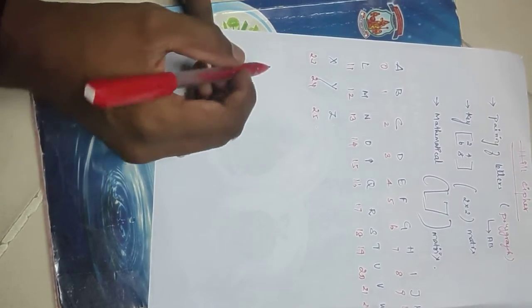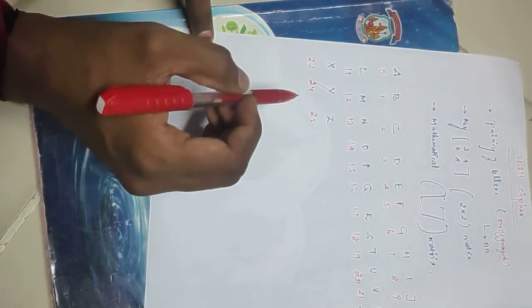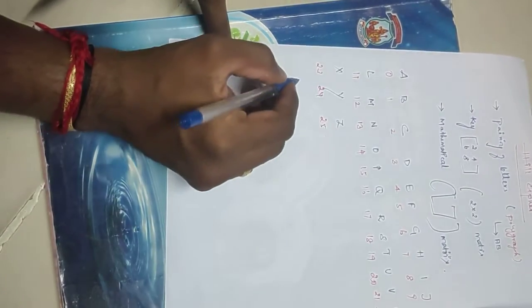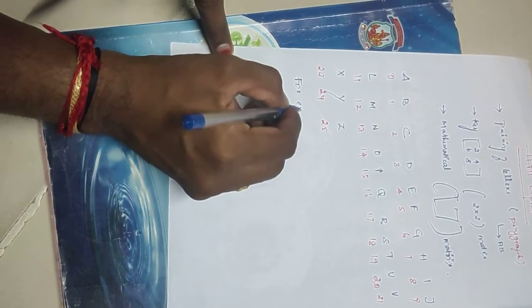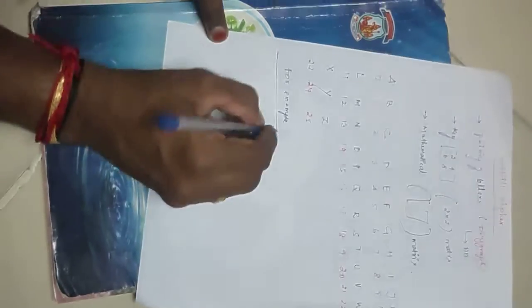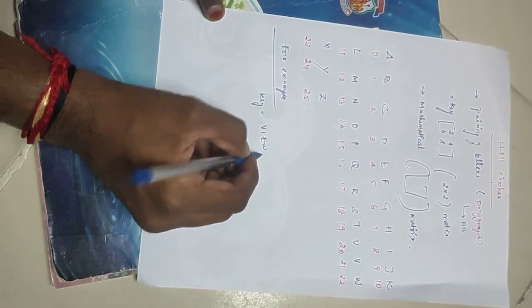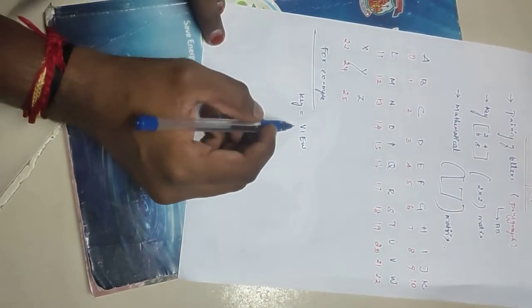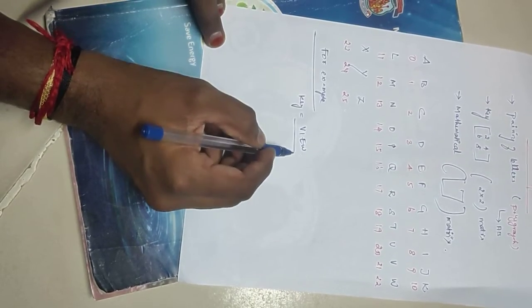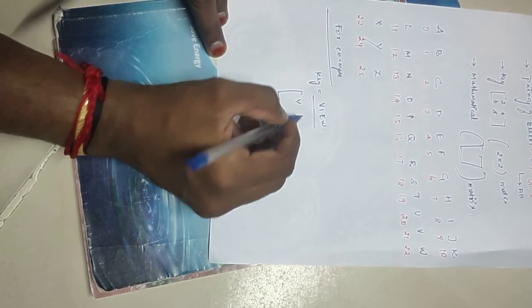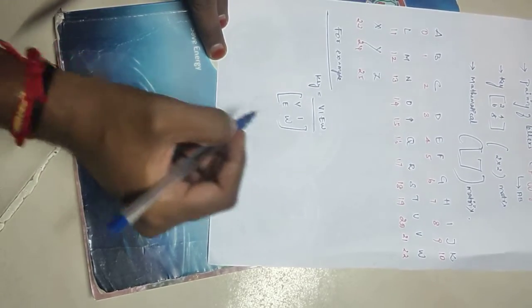Why are we constructing this? We need some numbers. For example, consider our key is BIEW. How do we convert plain text letters into numbers? With the help of this number assigning system.